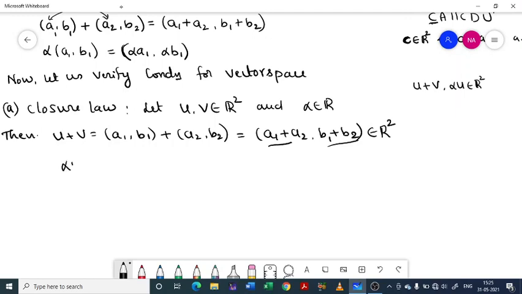Then alpha u equal to alpha times a1 comma b1, so it is equal to alpha a1 comma alpha b1. Again by definition this belongs to R square.